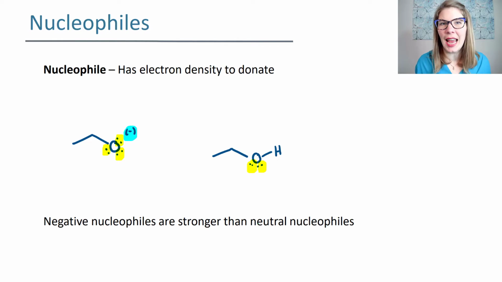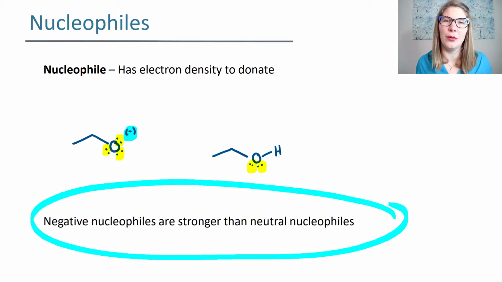And when you start looking at nucleophilic strength, so which nucleophile is stronger than another one, you're going to recognize that negative nucleophiles are stronger than neutral nucleophiles. And that makes sense, right? Because if a nucleophile is something that loves a nucleus, it loves a nucleus because it wants the protons in some other atom's nucleus. It wants to be close to those.